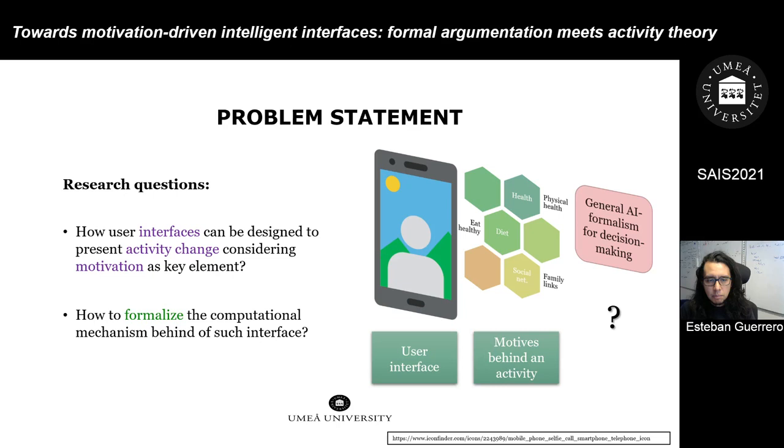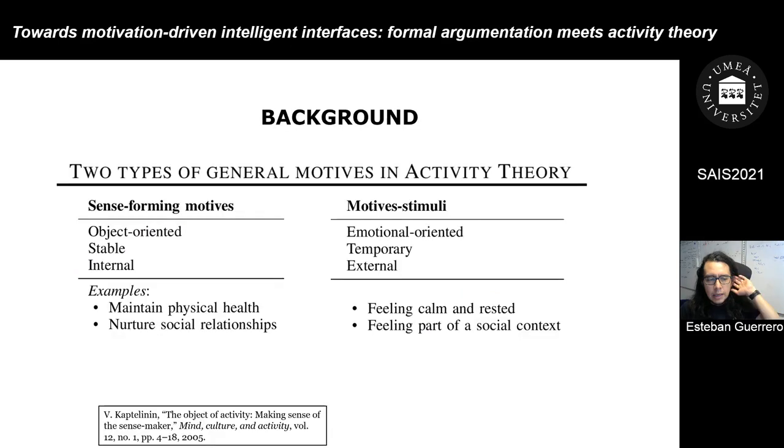So it's a full stack analysis of this framework, from the general formalization and characterization of the problem to the user interface. As a background, we use a taxonomy provided by activity theorists, where there are two types of motives. One is called sense-forming motives, and another is motive stimuli. Sense-forming motives are stable and internal, for instance, to be healthy, the family, or social connections.